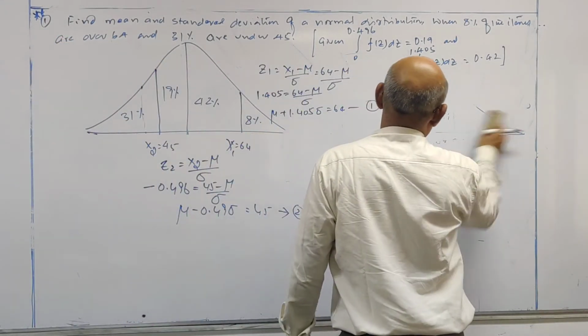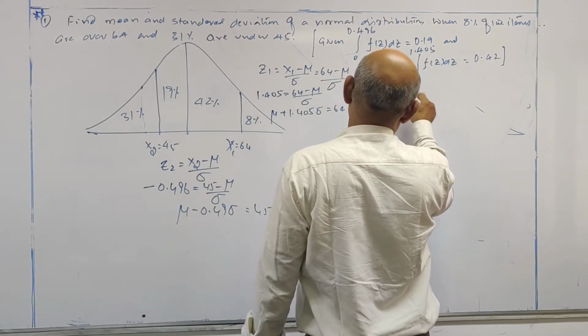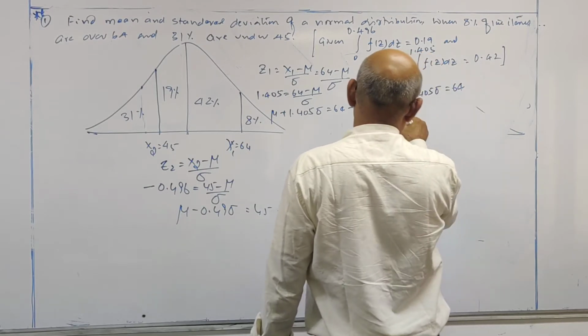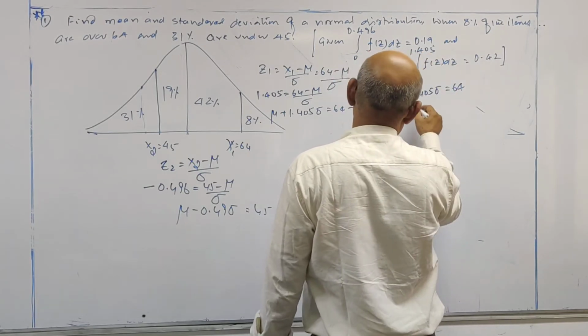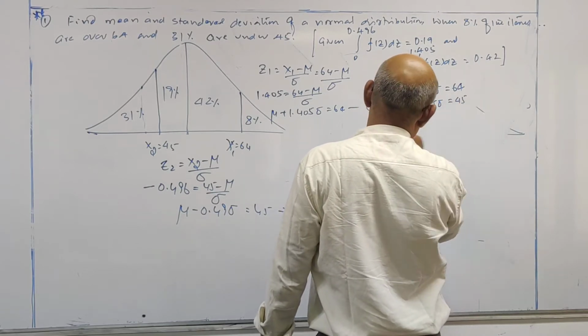Look at this. Mu plus 1.405 into sigma is 64. Mu minus 0.496 into sigma is 45.